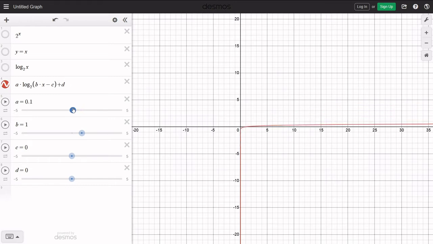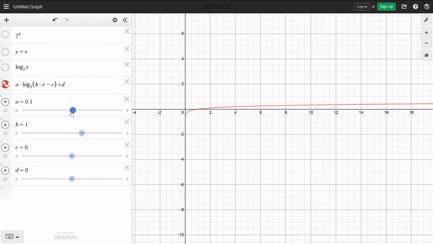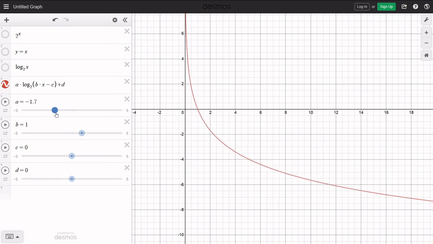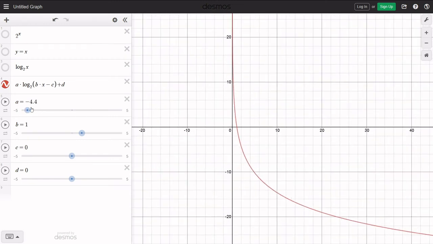It's getting compressed down to 0. What's interesting is that when we hit 0, we actually get completely compressed right down to the x-axis. And the negative just flips it. And then less than -1 makes it stretch vertically again.